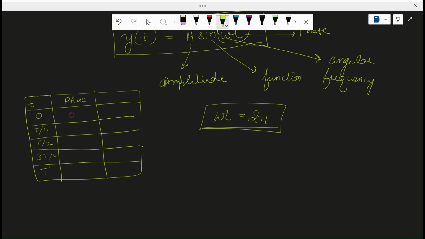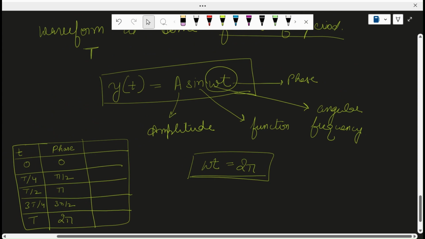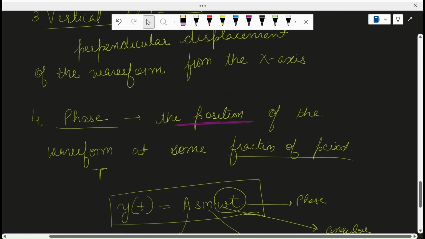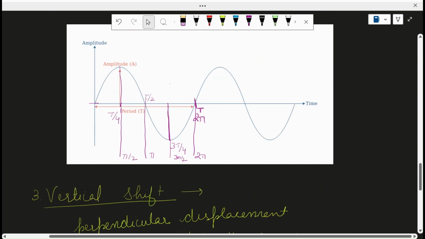I'm talking about the sine wave. 0, then we have π by 2, then π, then 3π by 2, and this is 2π.